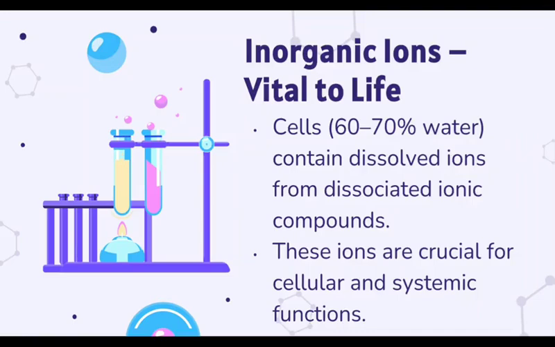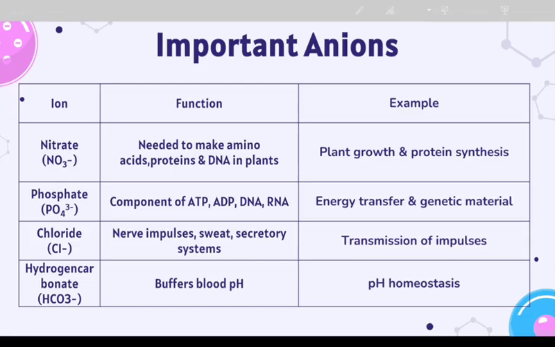Inorganic ions are vital to life. Cells usually contain 60 to 70% water. These cells contain dissolved ions from dissociated ionic compounds, and these ions are crucial for cellular and systemic functions. The important anions. Nitrate is needed to make amino acids, proteins and DNA in plants. Examples are plant growth and protein synthesis.